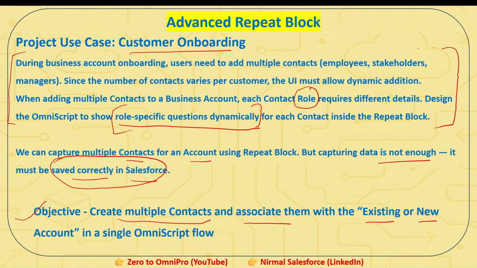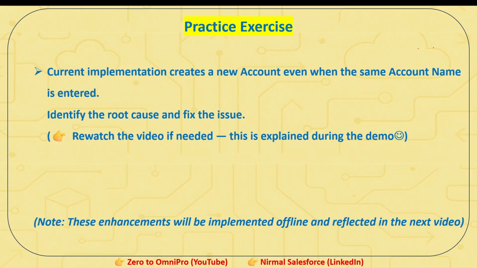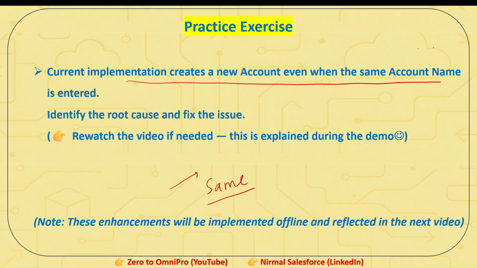And this is it for this video, and this is our objective that has been implemented. Now what you can do in this current implementation, as I mentioned, every time a new contact is getting created, a new account is getting created. But what we want is, if the same account name is entered, then we should not create a new account.